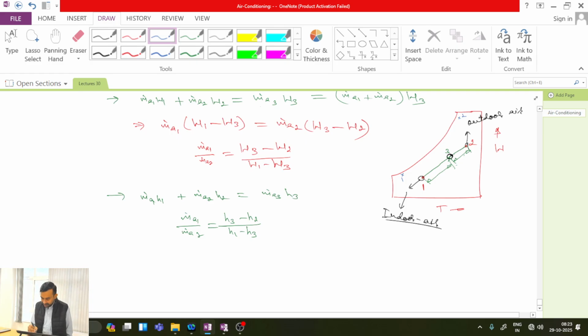When I mix these two, my straight line will be like this. So where is my point coming? Point 3 is coming outside the saturation curve.